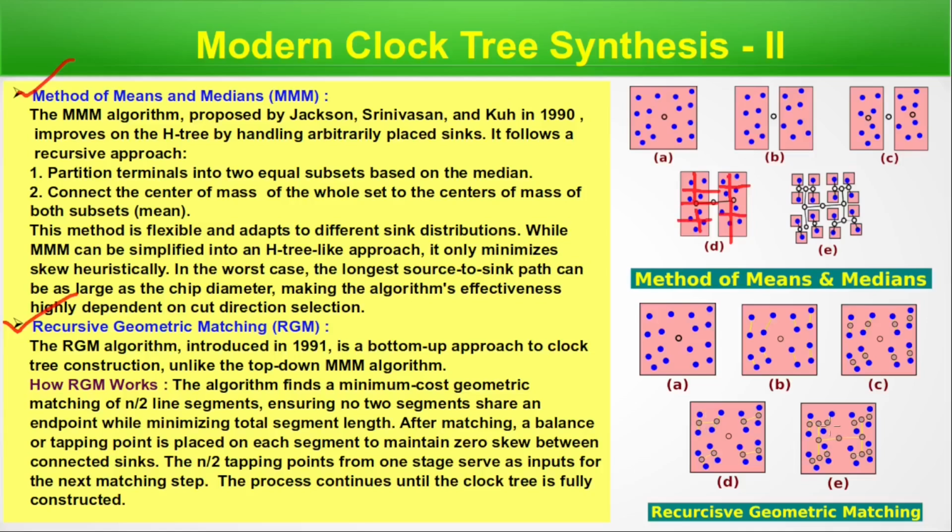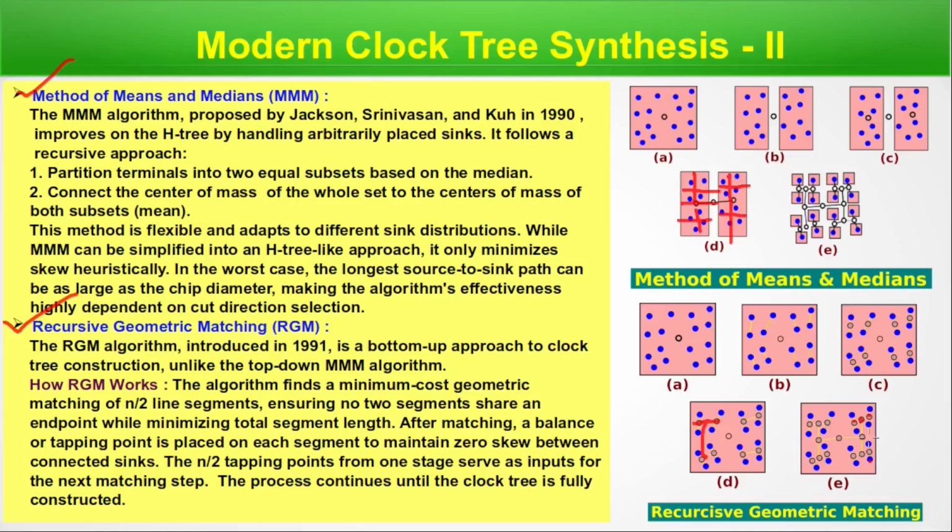So the tapping point of these two and the tapping point of these two are connected. Between these two there is a tapping point, and again a tapping point from here. So these are connected like this. Again, these two sinks are connected by this tapping point, and these two tapping points are connected by another tapping point. This is the tapping point of these four at this stage.